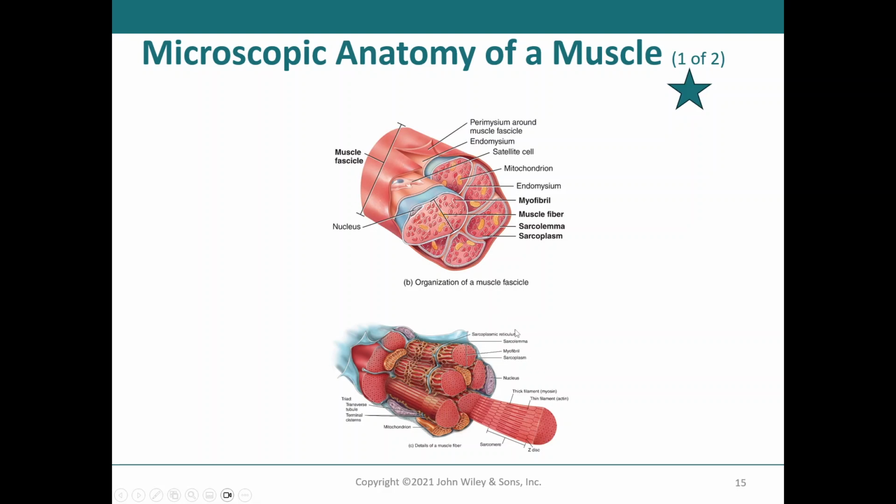This is a special kind of reticulum. Instead of making proteins, it's actually going to be storing calcium, and calcium is going to be a big signaler. When it gets released, it will interact with certain things and change the actual structural conformation of proteins.